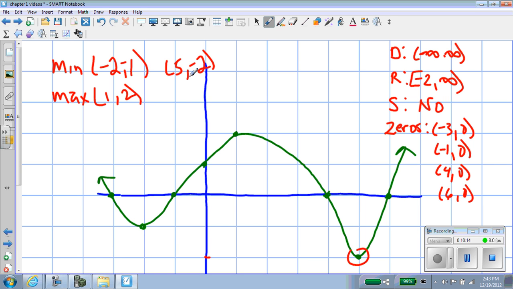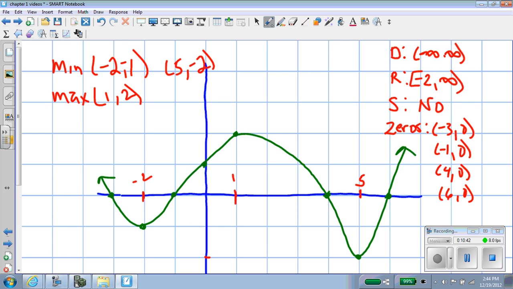And that's it. And now if we try and tell the story of what's happening here, they're decreasing until I get to here. They're increasing until I get to here. They're decreasing until I get to here, and then they're increasing. So my important numbers: negative 2, 1, and 5.